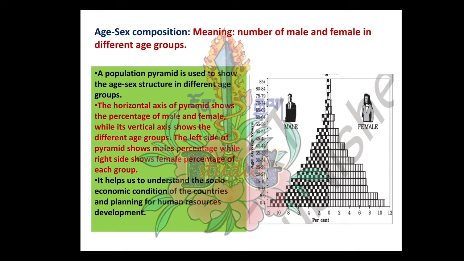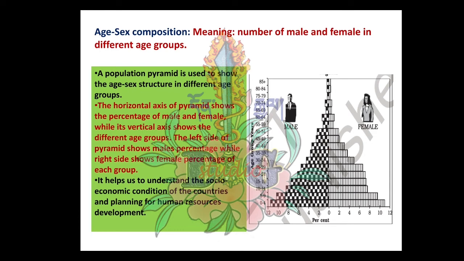The vertical axis shows the different age groups we have: 0 to 4, 5 to 9, 10 to 14, and 80 plus. The left side of the pyramid shows the male percentage, while the right side shows the percentage of female in each age group.